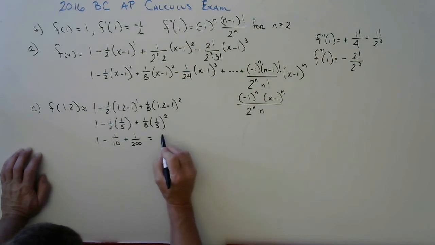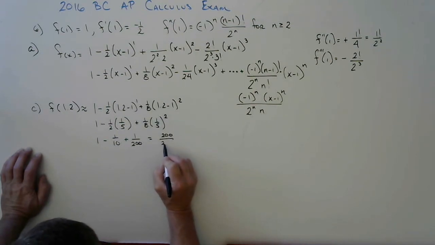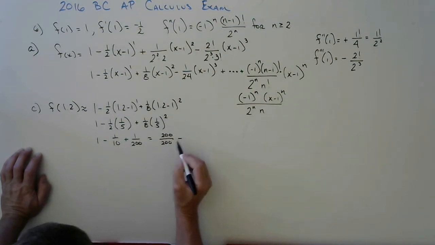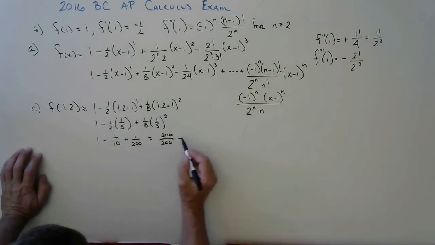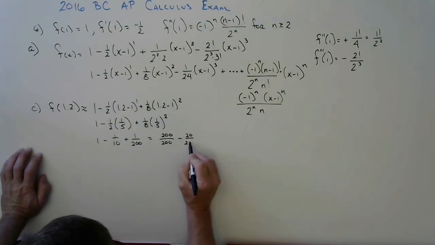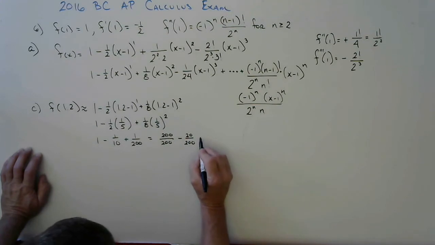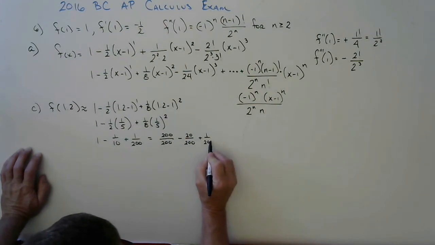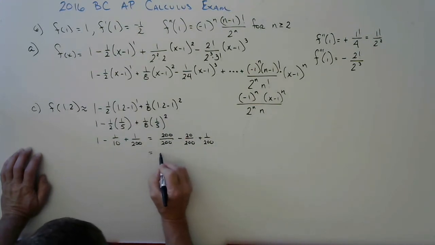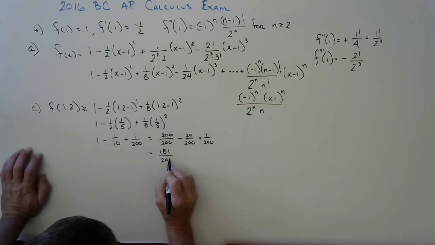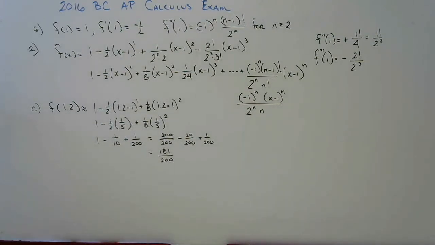So what do we get? We get 200 over 200 minus, we've got to multiply this by 20, 20 over 200 plus 1 over 200, so that's 181 over 200. All right. I don't have a calculator handy, but I think that's right.